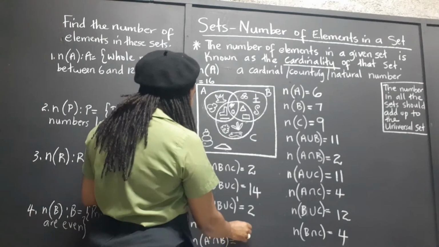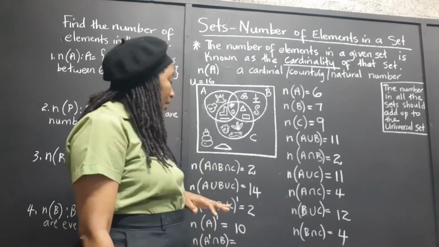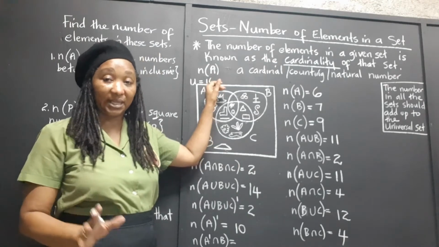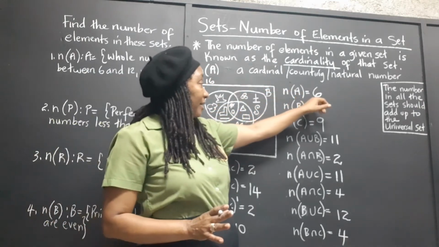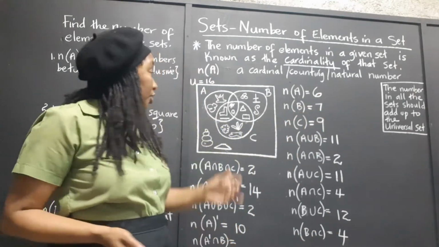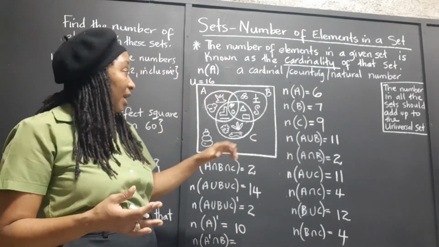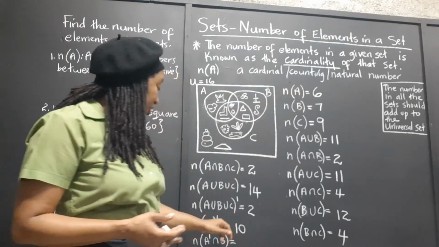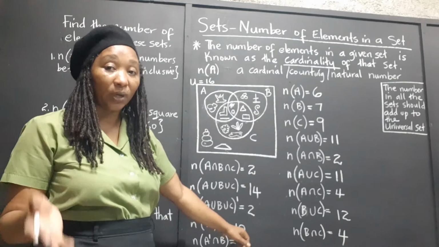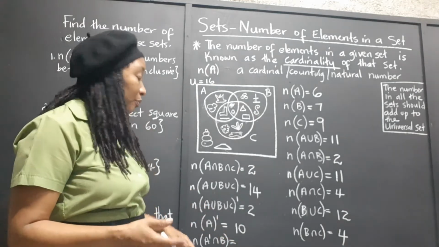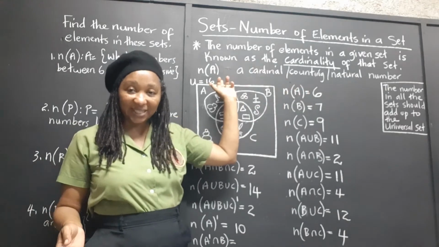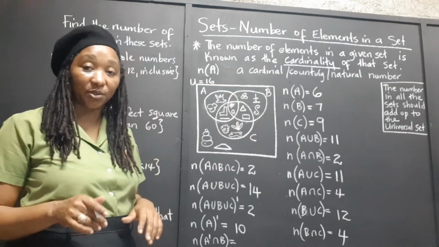And that makes sense since we know that there are 16 elements in the universal set. And we knew that there are 6 elements in A. So if there are 16 in all and 6 in A, what's not in A should be 10. That makes sense, doesn't it? What's not in A should be what's left after you take out the 6 out of the 16. And we counted it to make sure.